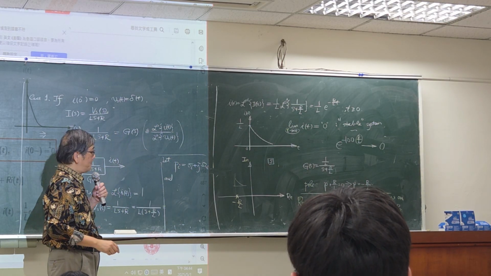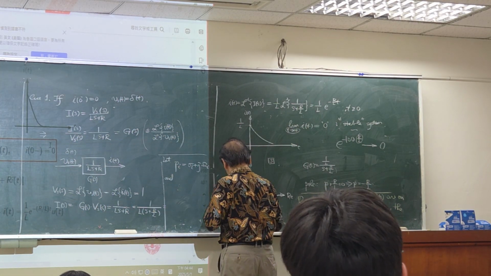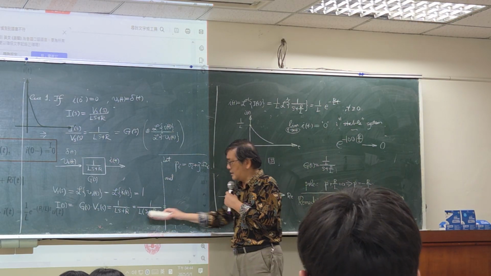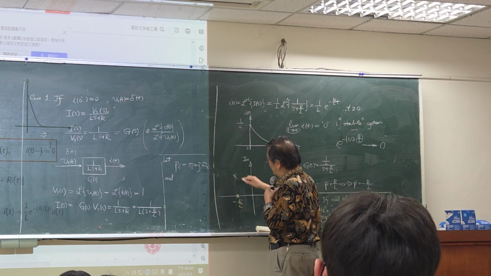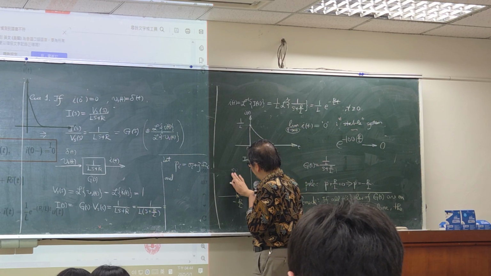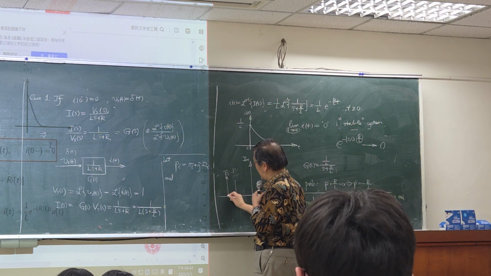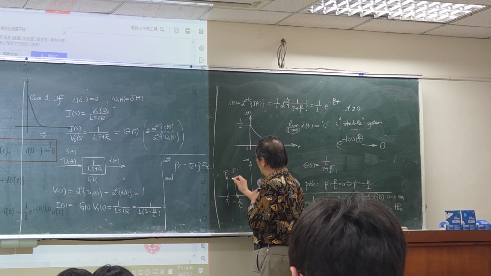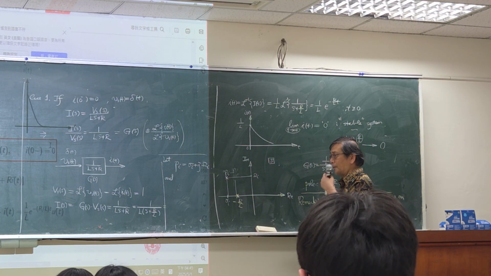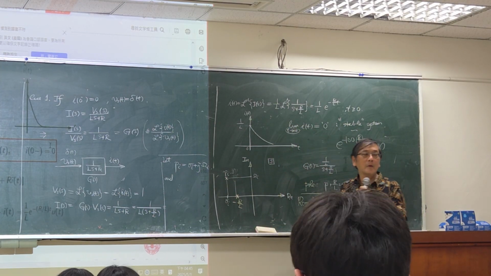Then the pole p_i equals sigma_i plus j times omega_i. So suppose the pole is here. I think I mentioned this last time, but let me give you a more specific expression. This is p_i, the real part is sigma_i, the imaginary part is omega_i. So p_i can be written as sigma_i plus j times omega_i.